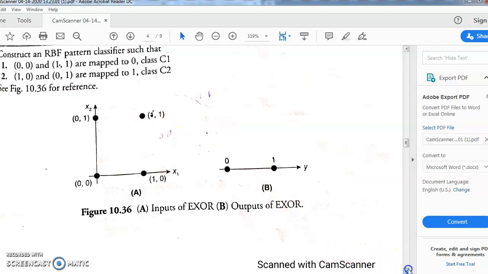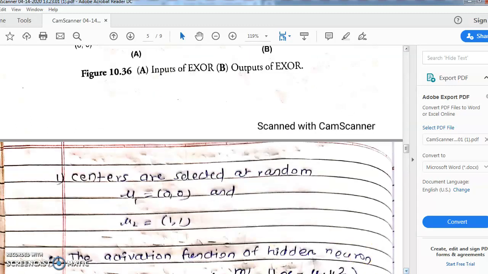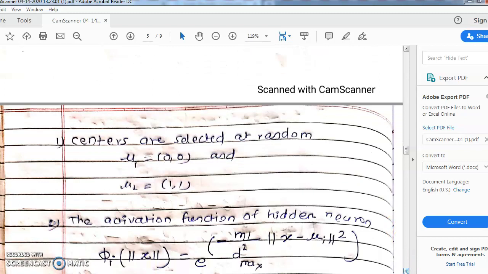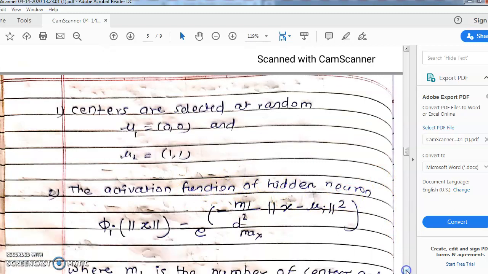These centers are represented using mu. Let's select the centers randomly: mu1 is equal to 0 0 and mu2 is equal to 1 1. Next, see what activation function we are going to use here. The activation function of the hidden neuron, h of x, I have represented using phi.